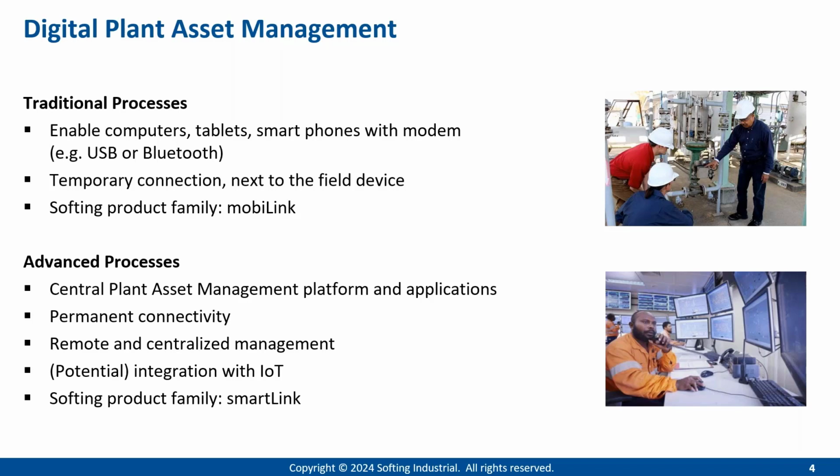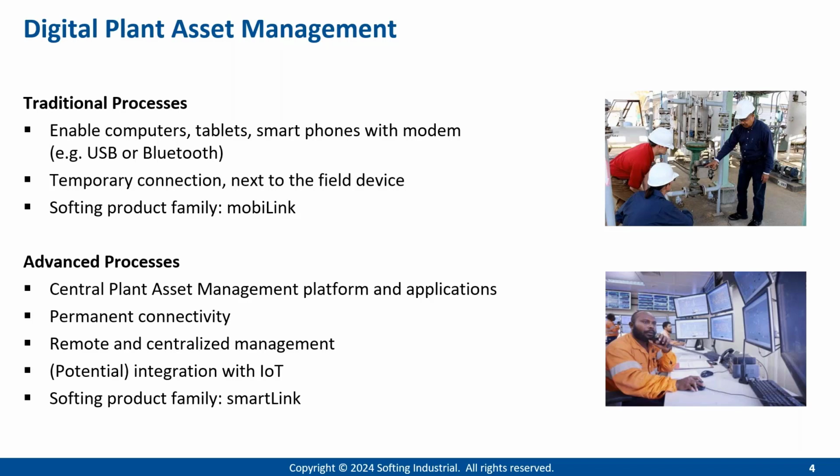Practically always you want permanent connectivity, so that you can constantly monitor and receive data from your field devices. As already said, there is a somewhat fuzzy term IoT, so this may merge with IoT, or you may have a second IoT platform next to a plant asset management platform. So this is definitely a more advanced way to work with digital plant asset management.